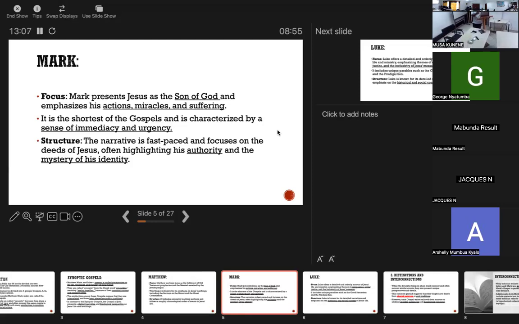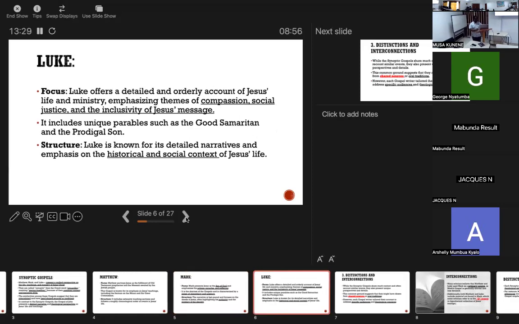A very fast-paced narrative, things happening suddenly and immediately with a sense of urgency. And you will find a focus on the deeds of Jesus, often highlighting his power and his authority, and also the mystery of his identity.